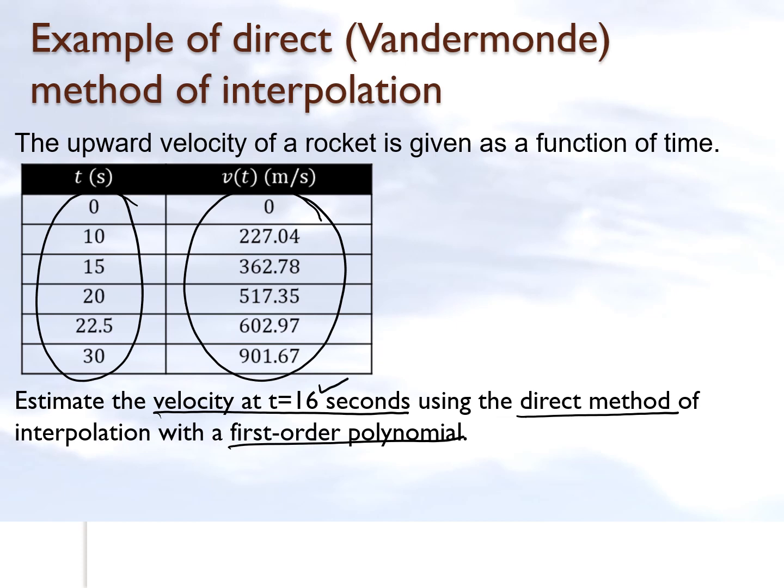In this case, we have 15 and 20, which are the closest points to 16 and also bracket t equal to 16. So I'll choose these 2 points to find the velocity at 16. Let's go ahead and do that and see how it goes.